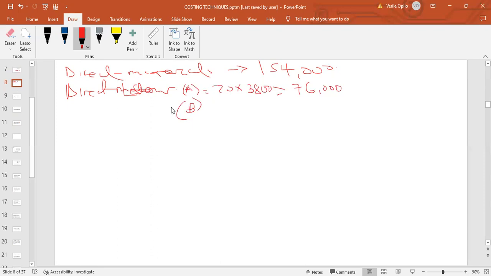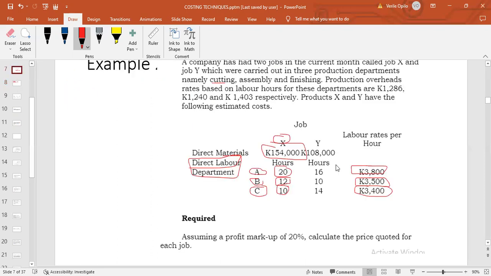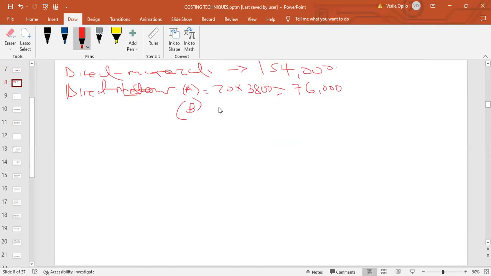Then we do the same in department B. For department B, we have 12 hours, and each hour they're going to spend 3,500. So we come here and say 12 times 3,500. That should give us a total of 42,000.